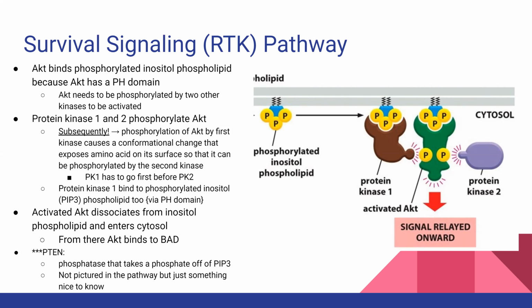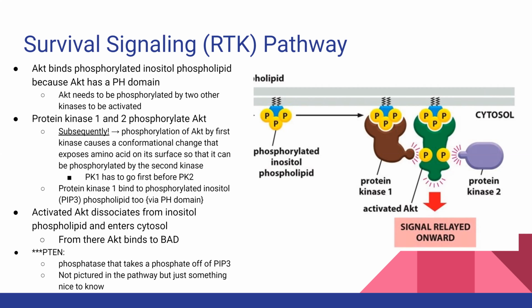So just picture that the cell has multiple phosphorylated inositol phospholipids, and once they become active, one can sit in the PK1, the protein kinase 1, and then another one can sit in the activated AKT. And so at this point, AKT has become activated once it gets phosphorylated by PK1 and PK2.